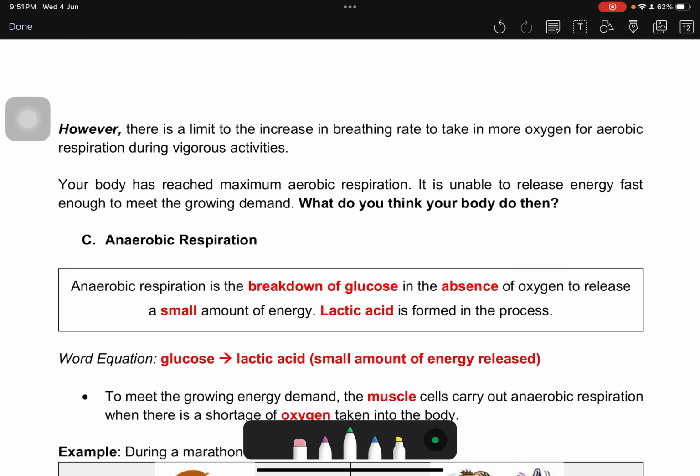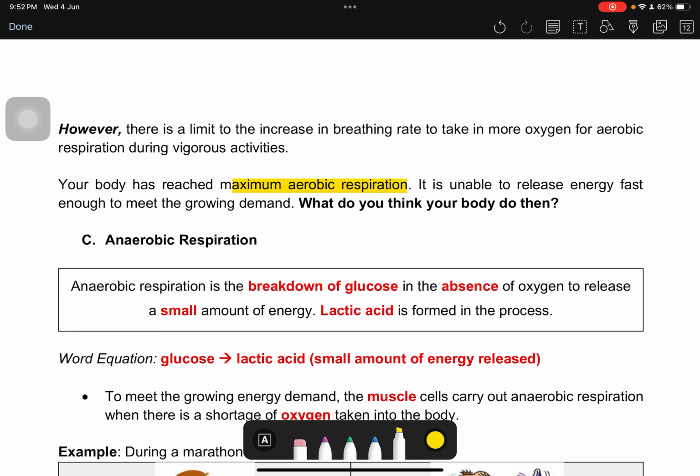Unfortunately, there's a limit to how much oxygen that you can take in, because there's only so much capacity our lungs have to take in oxygen, and we can only breathe that fast, that high limit, during vigorous activity. So what happens when your body reaches its maximum aerobic respiration?